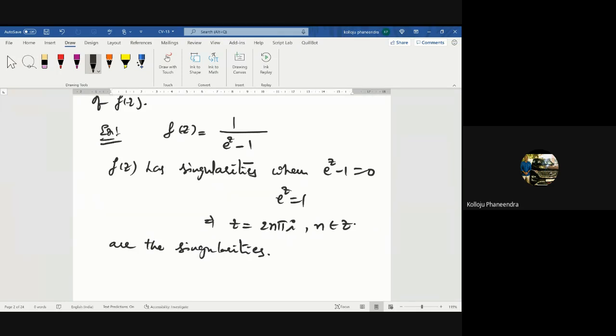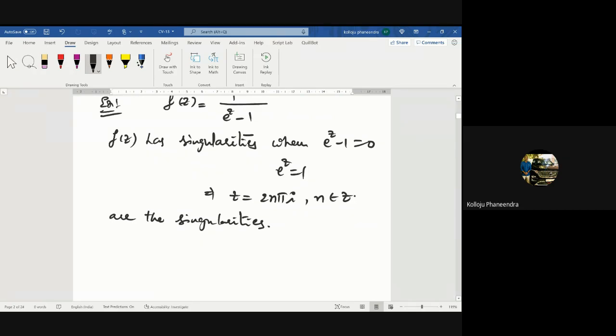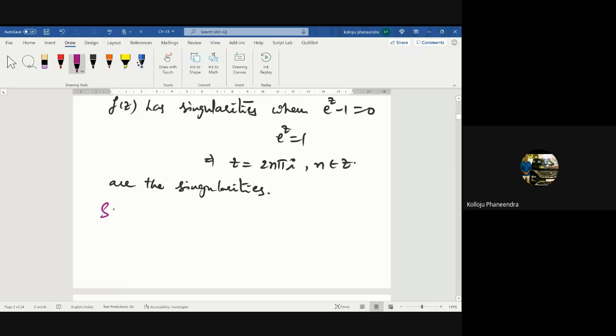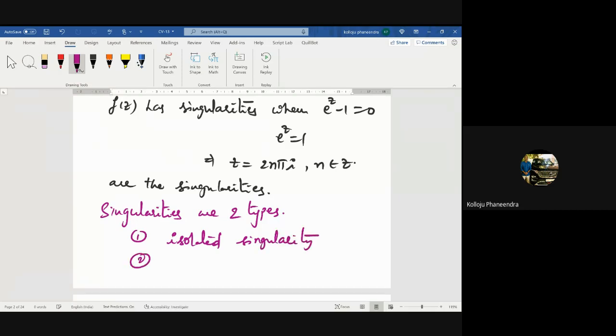And one more point: singularities are of two types. One is isolated singularity, and the second one is non-isolated singularity.